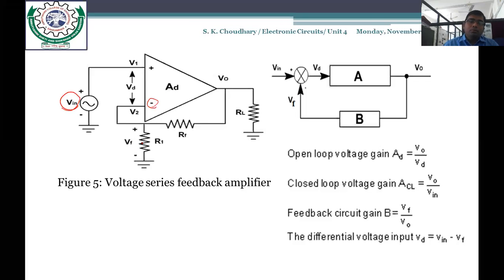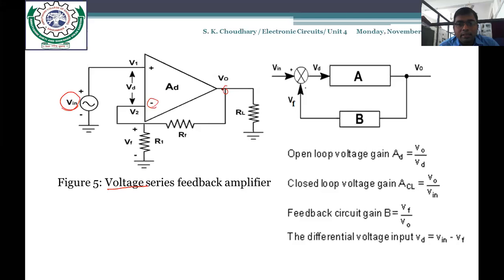Okay, so as per the name, it is voltage series feedback. The first term, voltage, we have already learned in unit number 2 as well. What is the meaning of these two words? The first word, voltage, means it is a type of sampling. We can perform voltage sampling whenever the feedback network is connected in parallel to the output port.